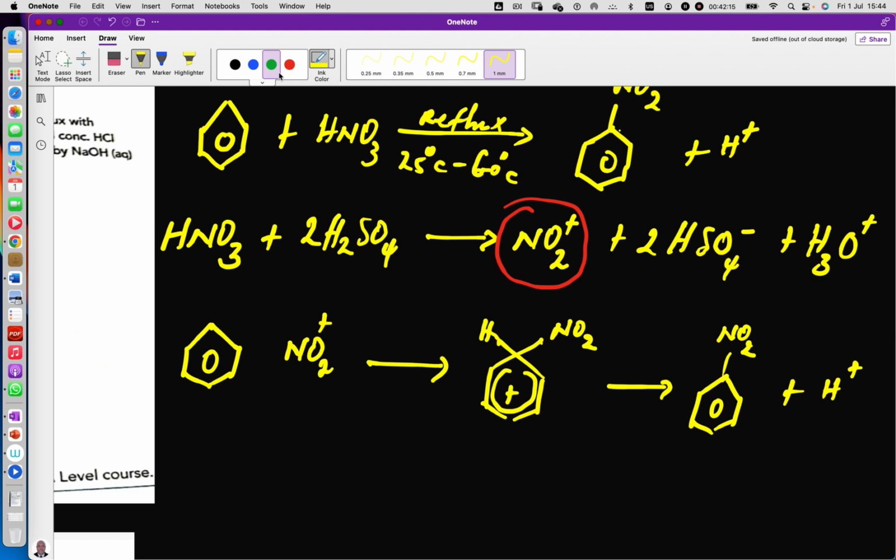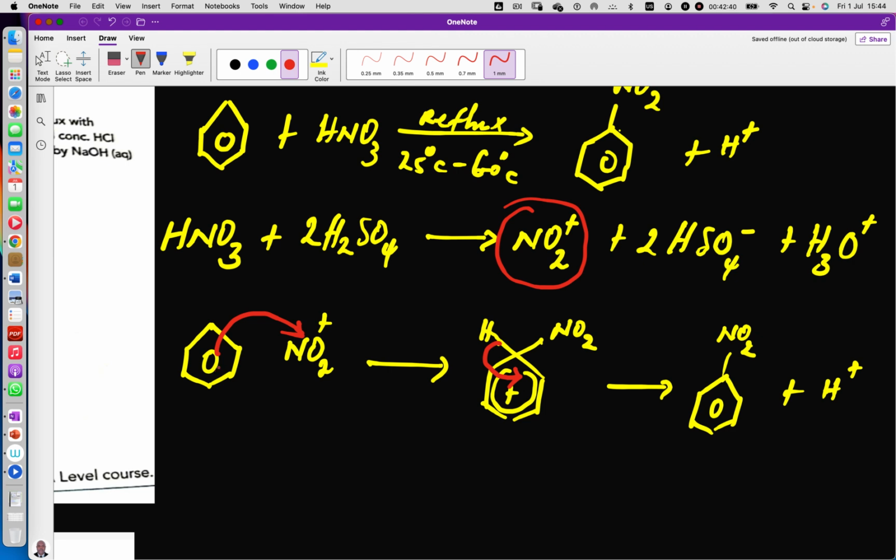And see the mechanism. I said go back and you have the details of it. You will see this and you will see this. What is happening there? I told you that the nitronium ion that is being produced is attracted to the electron-rich center here, the electron-rich benzene ring.